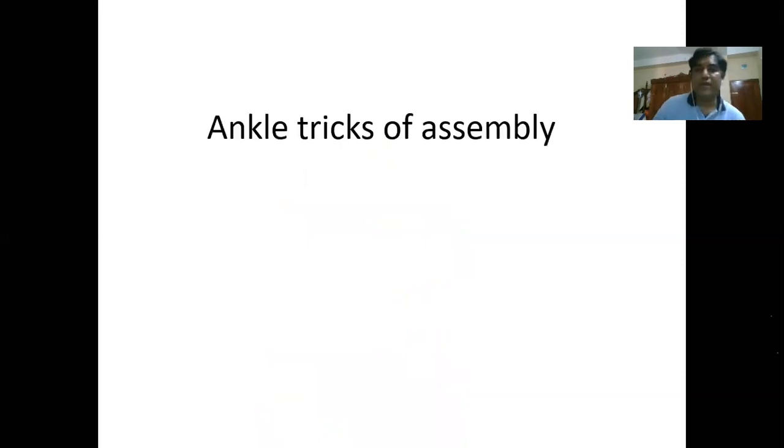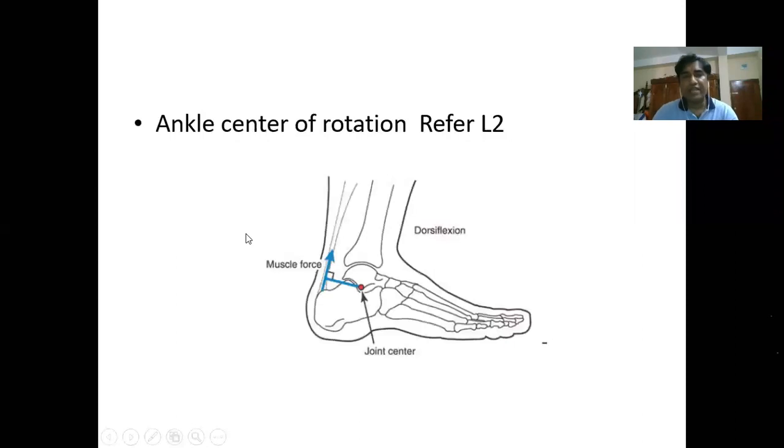So now I'm coming to some ankle tricks of assembly. I completed the basic anatomy, cross-sectional anatomy, and compared it in all three parameters: sagittal, coronal, and the 3D sections. So now I'm going to some ankle tricks of assembly. What are the ankle tricks of assembly?